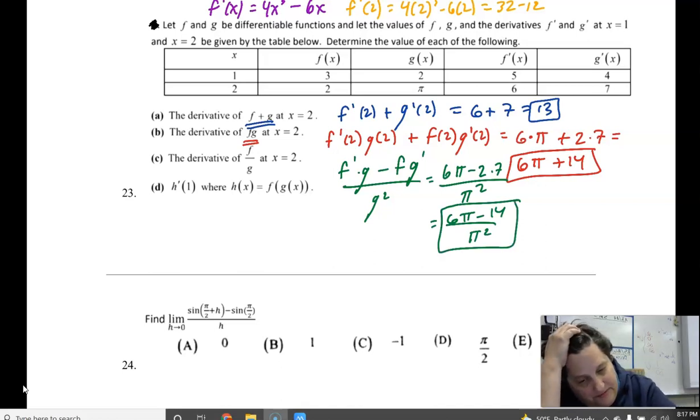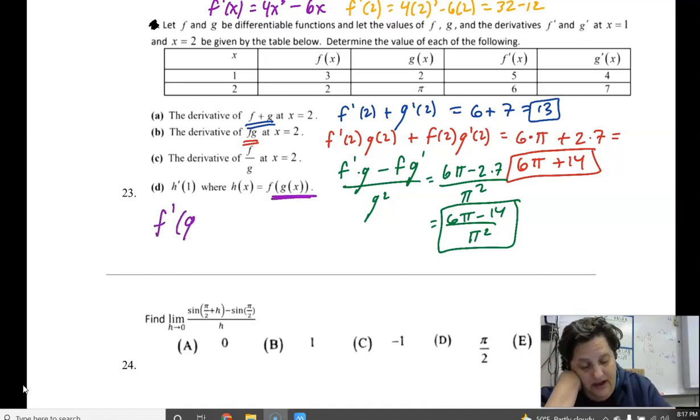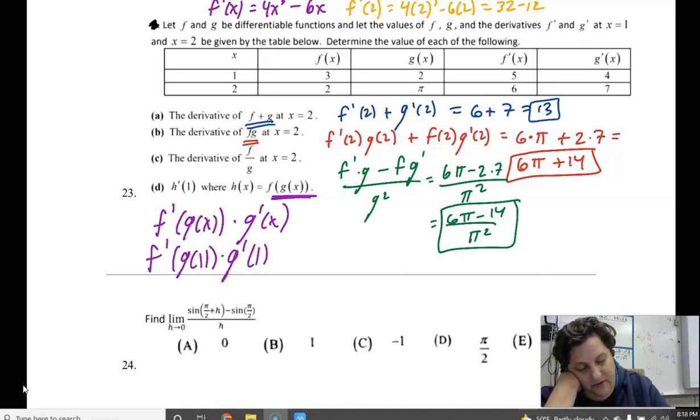All right, and then last but not least, our fantastic chain rule. Now you guys remember when we're doing chain rule, we're going to do derivative of the outside, leave the inside the same, times derivative of the inside. Okay, so I'm doing f prime of g of 1 times g prime of 1. So I'm going to start here, okay?